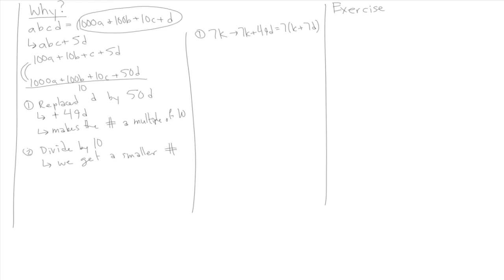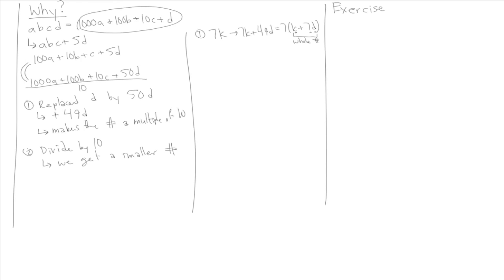And we notice k is a whole number, d is a whole number, 7 is a whole number. So k plus 7d is still a whole number, which means that when we add 49d, we haven't suddenly made this number not divisible by 7.